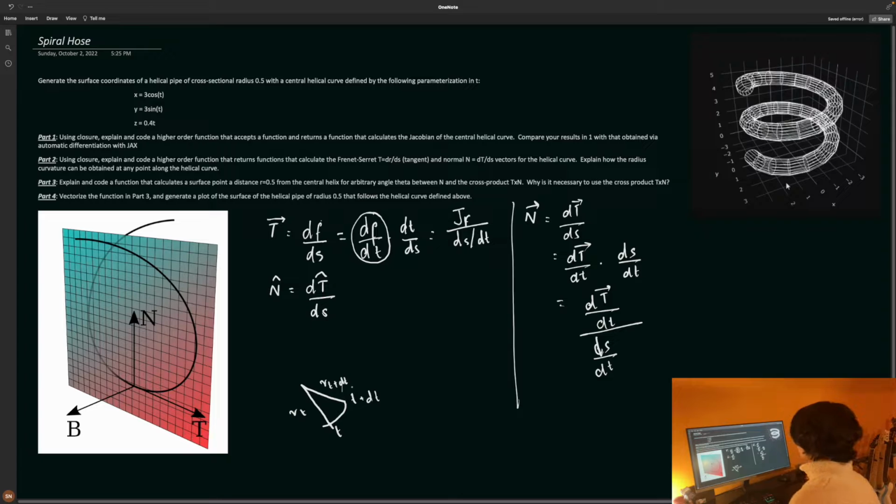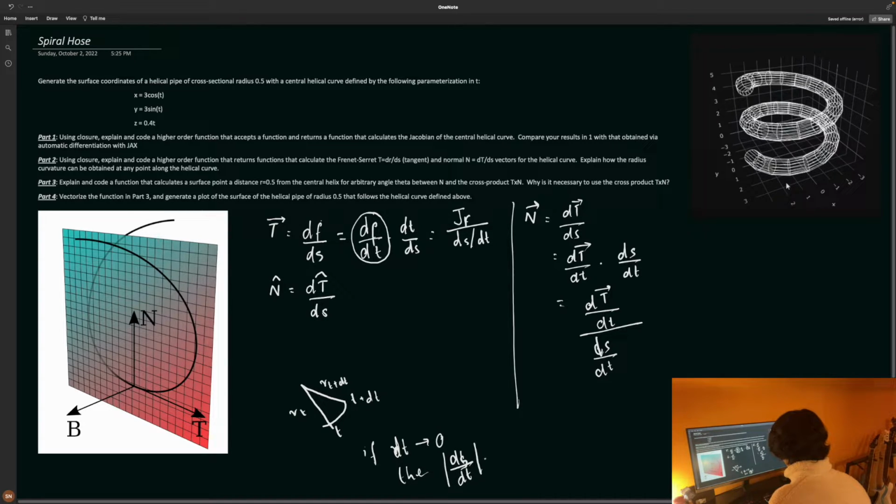Now, what we know is that if the change in time is very small, or it approaches 0, then the magnitude of the derivative of the arc length with respect to time is approximately equal to the magnitude of the derivative of the function itself with respect to time.